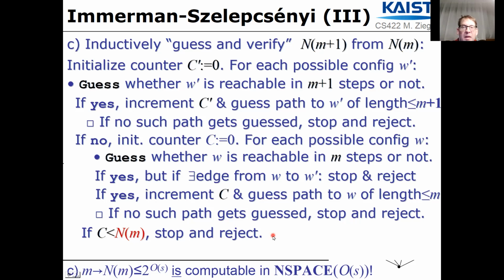So at the end, the counter C prime has been incremented. This is where the positive guesses and the negative guesses, where the counter C prime has not been incremented, also have been verified correctly, so that at the end, the counter C prime indeed contains the number of vertices that can be reached within m+1 steps.